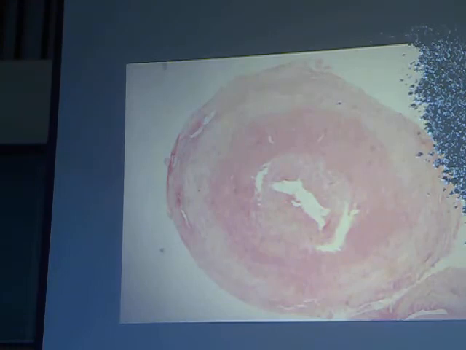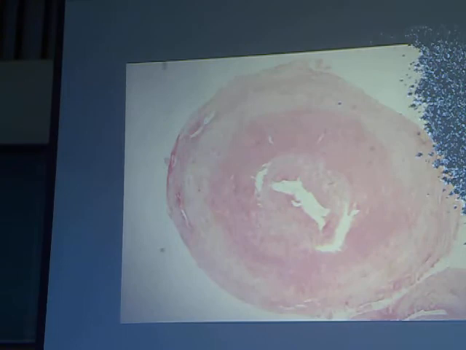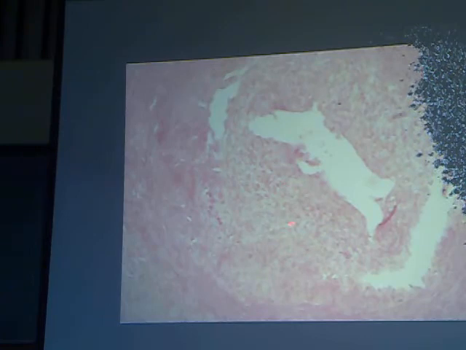On low power magnification, where is the problem? What tunic is affected? The intima, actually the subintima. So the problem here is the development of chronic granulomatous inflammation in the subintimal tissue of the blood vessel wall.